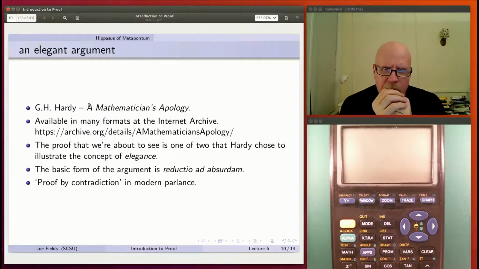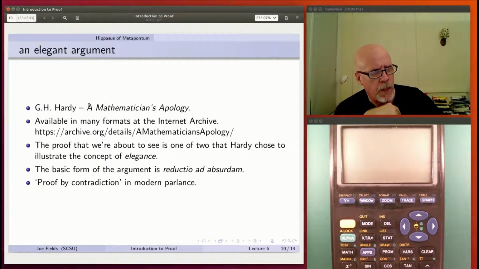It's a little hard to learn to do this because you have to do something that's a little counterintuitive. You're going to assume that the very thing you want to prove is false. Assume the thing you want to prove is false, and then argue from that perspective.